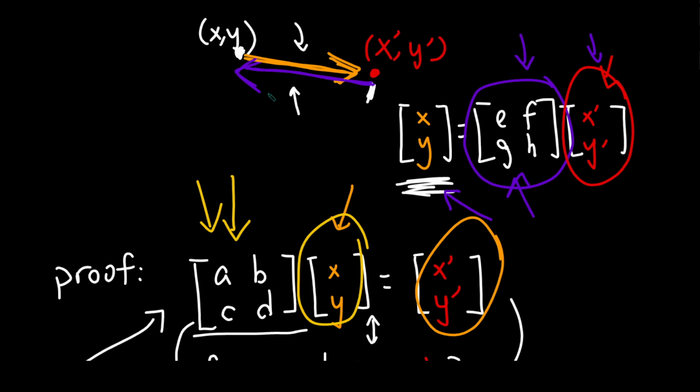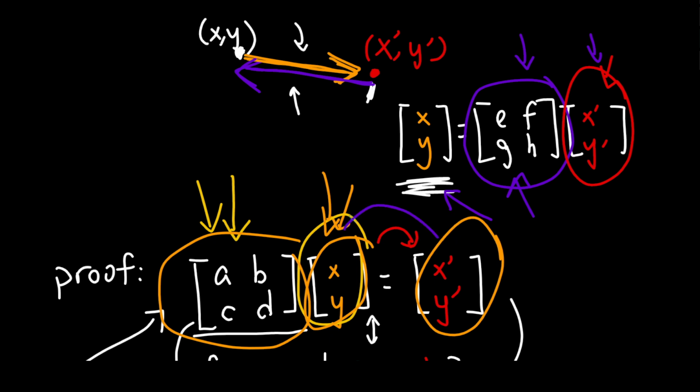That's also the idea of this proof. We consider, what does matrix ABCD do to the point x comma y? It turns it into x prime y prime. Now how do we turn it back into xy? That's basically the idea of this question, and it was mostly just algebra.